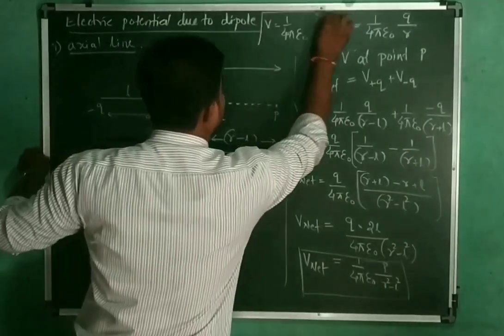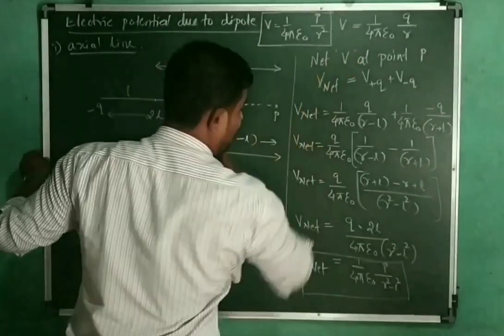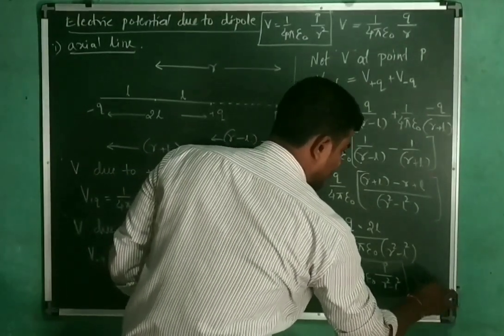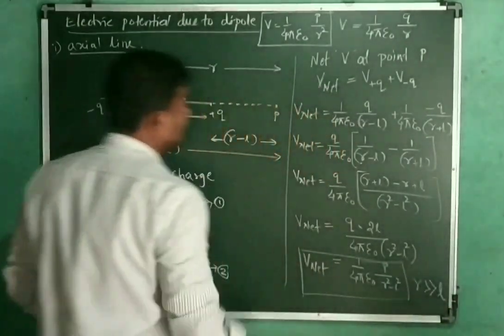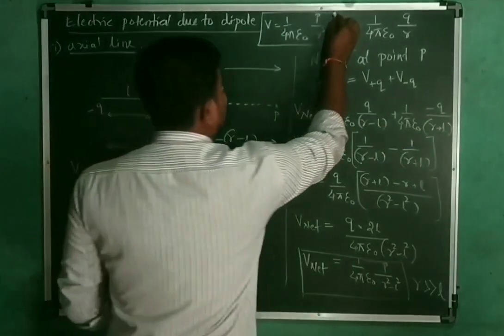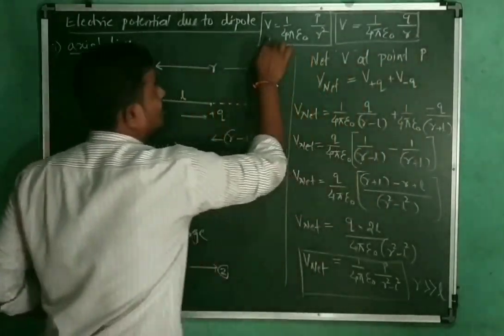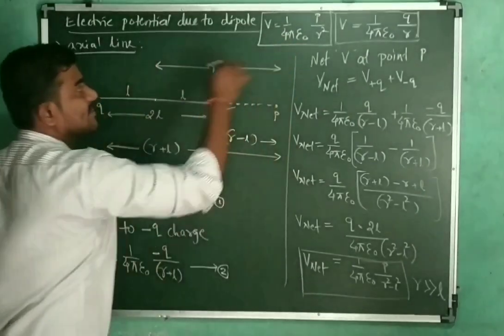This is the formula. If we consider r as greater than L, then this is the formula. This is electric potential due to point charge, and this is electric potential due to dipole on axial line.